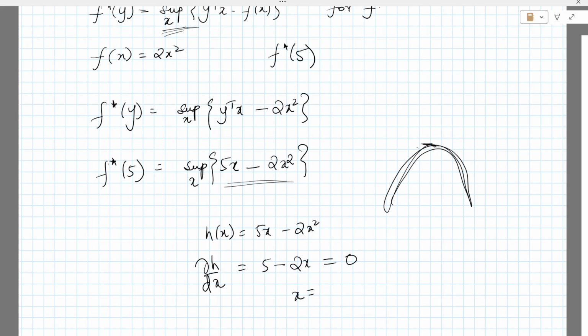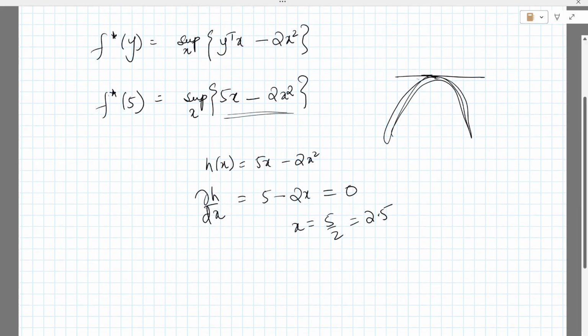So x is equal to 5 by 2, equal to 2.5. Okay, so for this quadratic at maxima you will have the derivative 0. So I substitute 2.5.